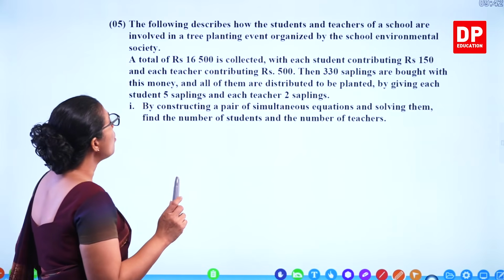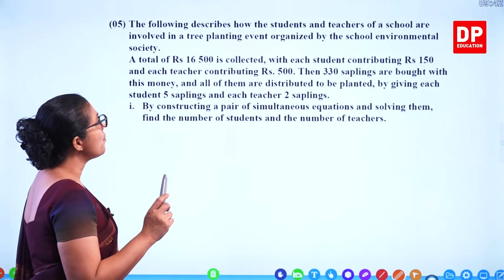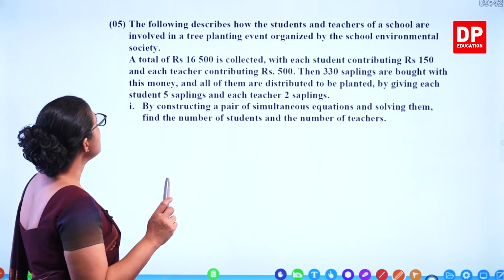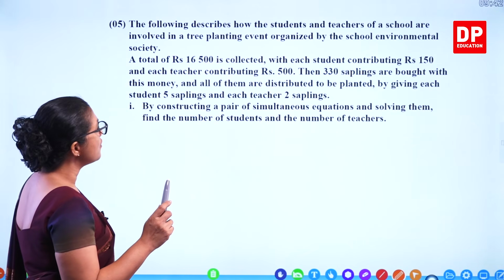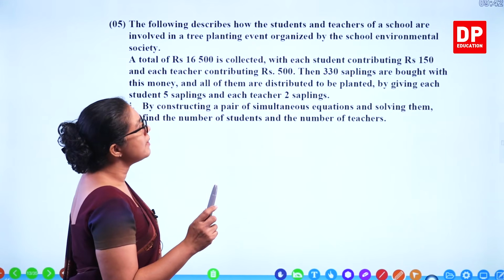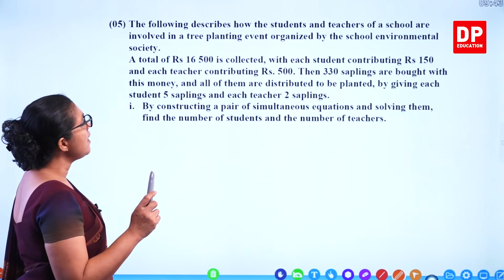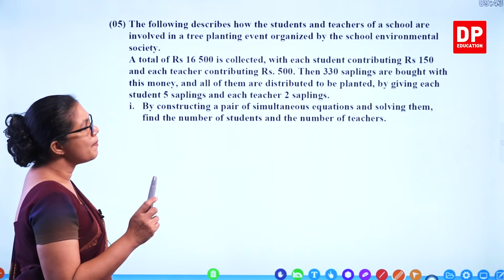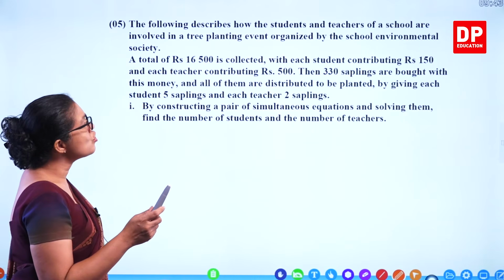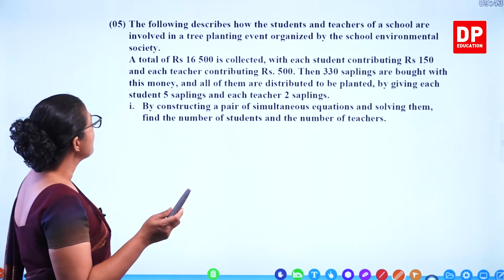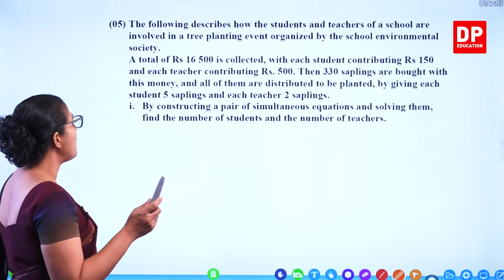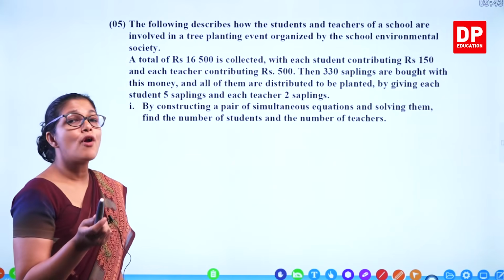It says a total of 16,500 rupees is collected, with each student contributing 150 rupees and each teacher contributing 500 rupees. Then 330 saplings are bought with this money and all of them are distributed to be planted by giving each student 5 saplings and each teacher 2 saplings. By constructing a pair of simultaneous equations and solving them, find the number of students and number of teachers.